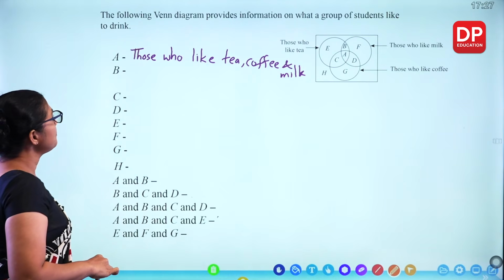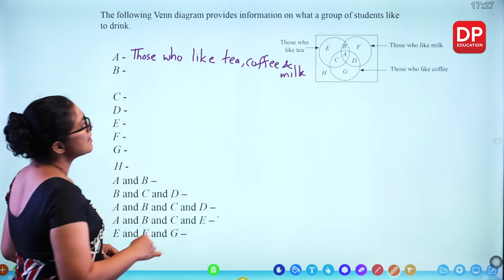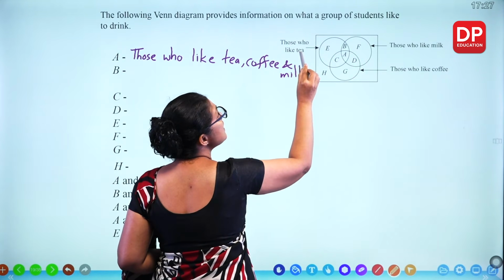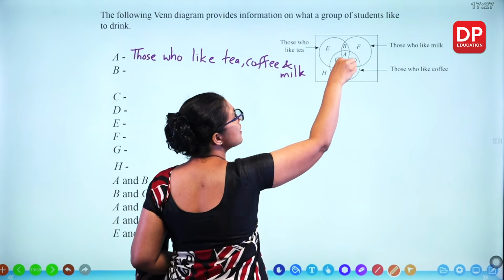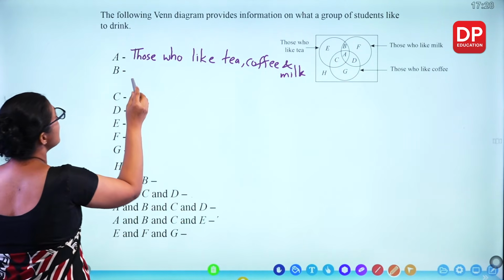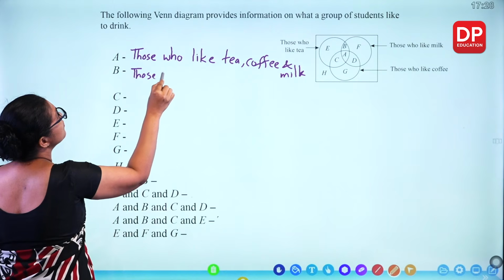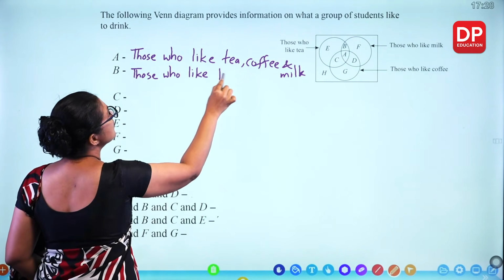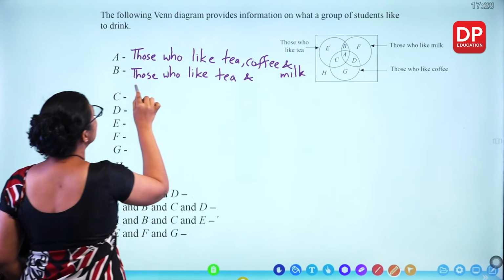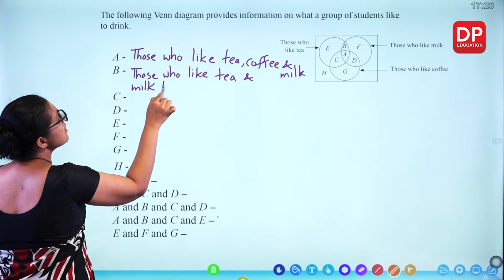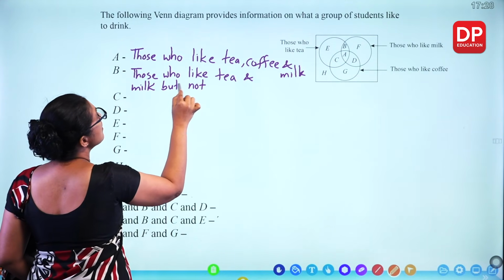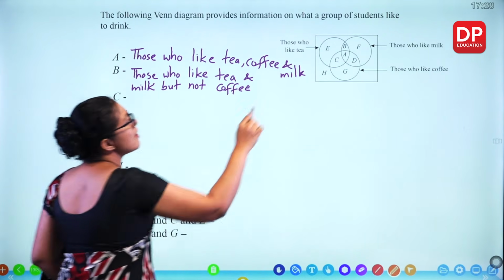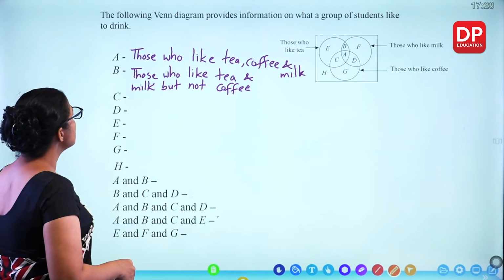What's the next one? B is this region. When you take these two, those who like tea and milk but not coffee. That's outside this circle.